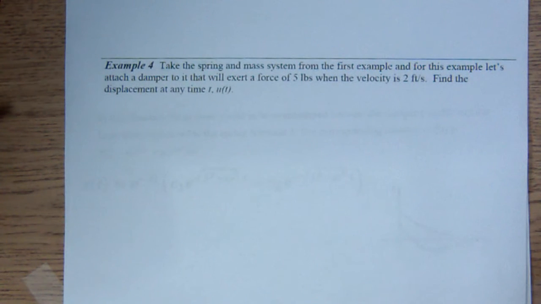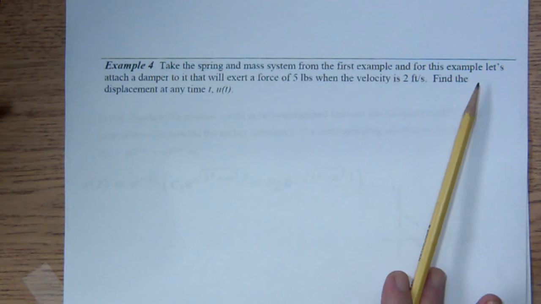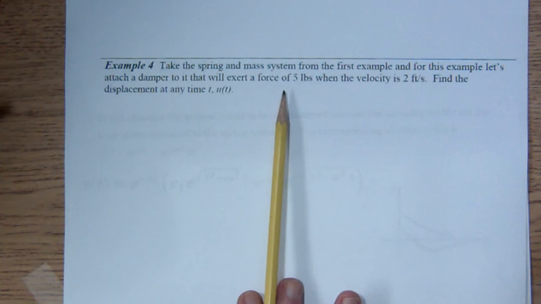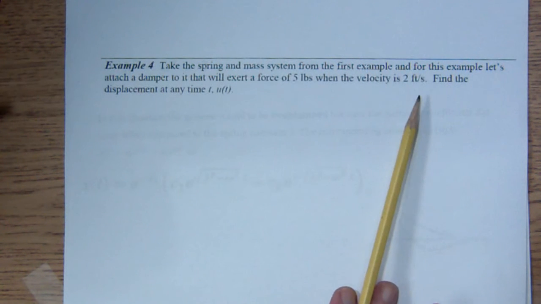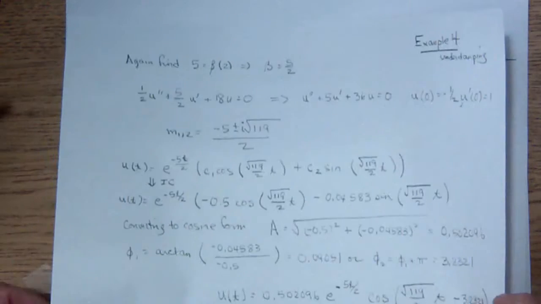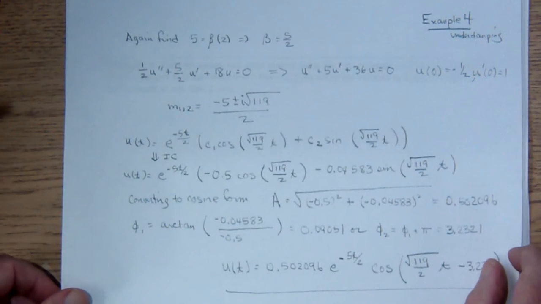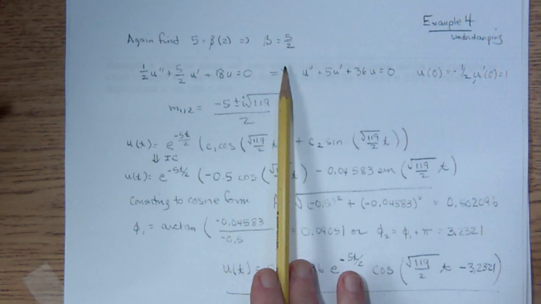This is when we take the spring and mass system, again from the first example, but for this example the damper exerts a force of 5 pounds when the velocity is 2 feet per second. Again, we want to find the displacement at any time t, called u of t. This time we find that beta is equal to 5 over 2.